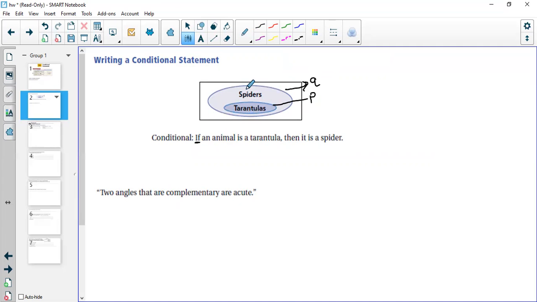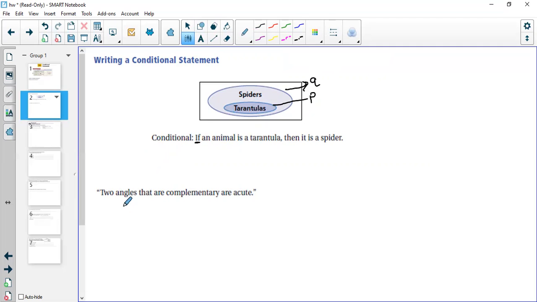The picture is talking about animals, right? So if an animal is a tarantula, then it is a spider. So if P, then Q.